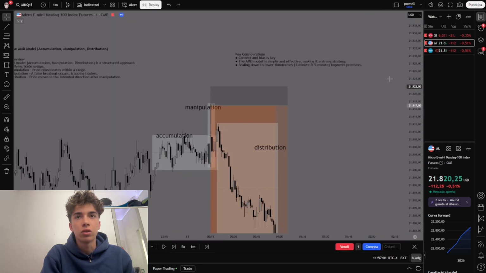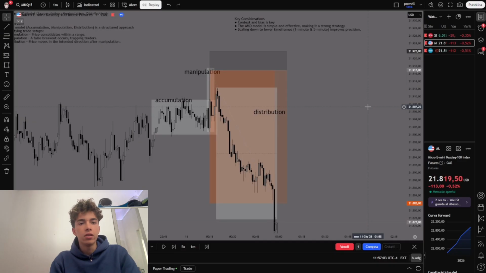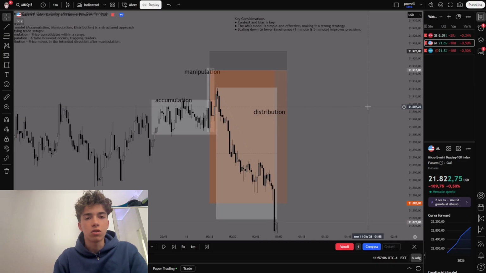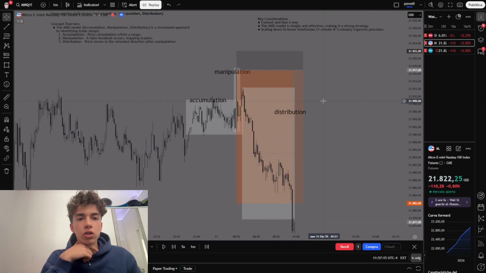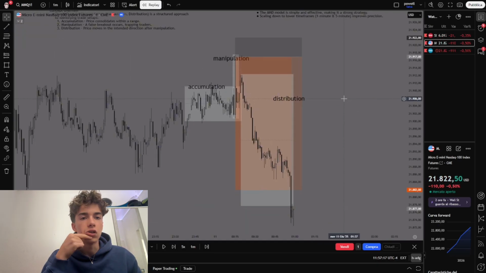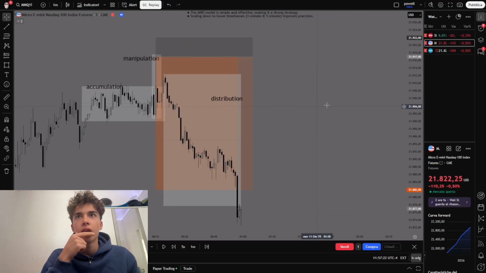But now it's not important. Basically, when you trade it, as with any other concept, it's always the same. In any method of trading, you need the bias of the day. If we are bullish, you search for longs. If we are bearish, you search for shorts.